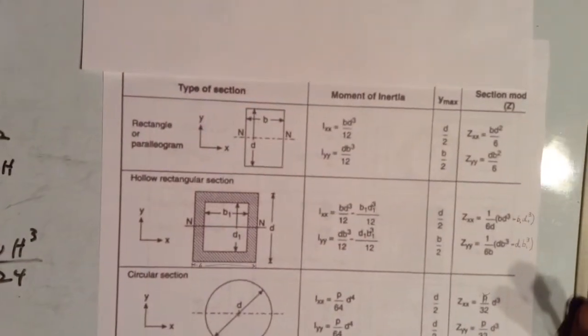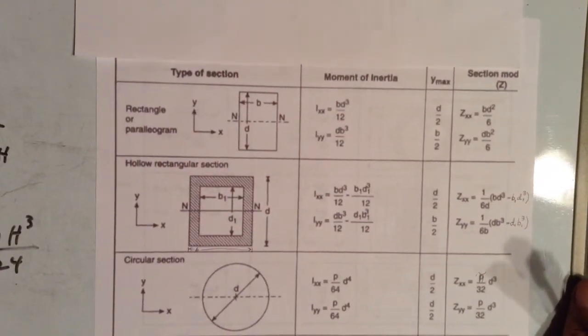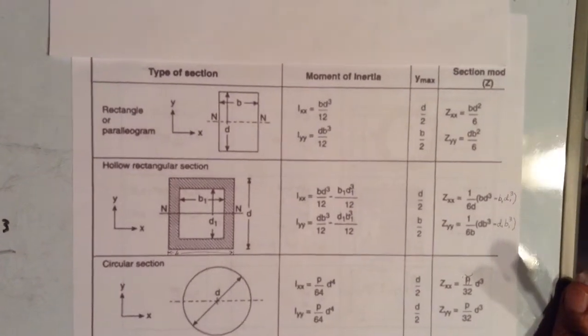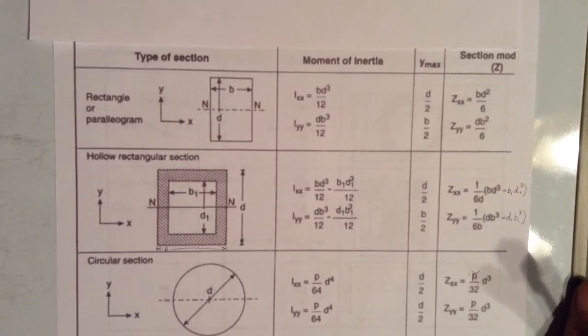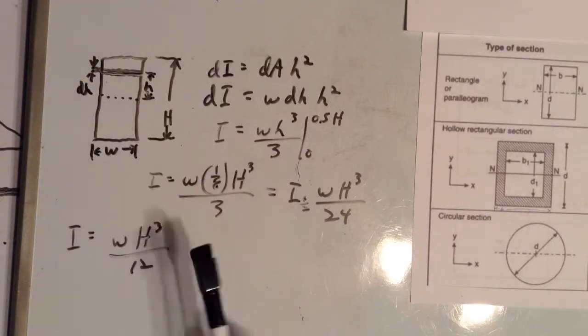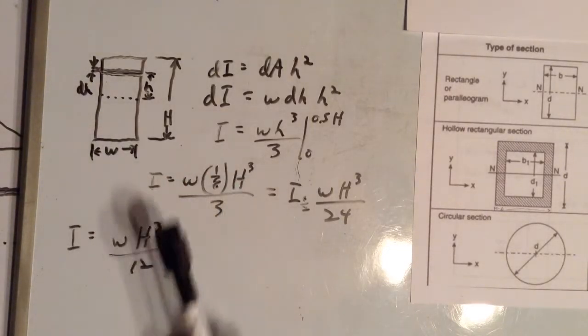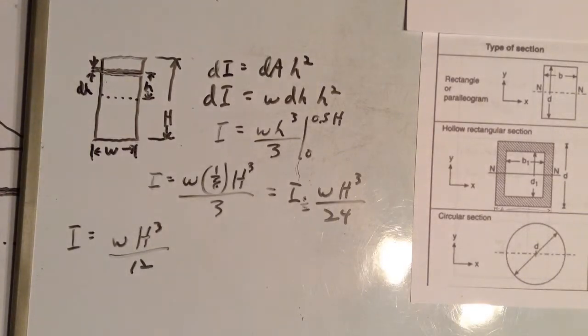Remember that? Instead of W we call it B, and instead of calling it H we call it depth. We said B times depth cubed over 12 was our moment of inertia. And here we go with it again. Same thing. That times that cubed over 12 is moment of inertia.